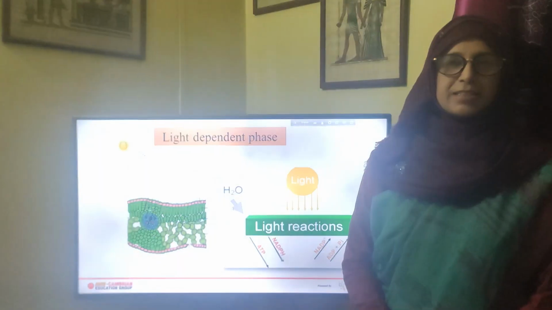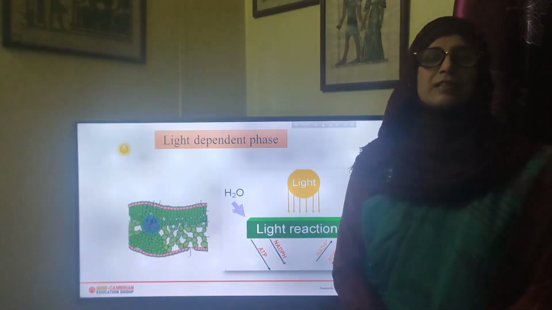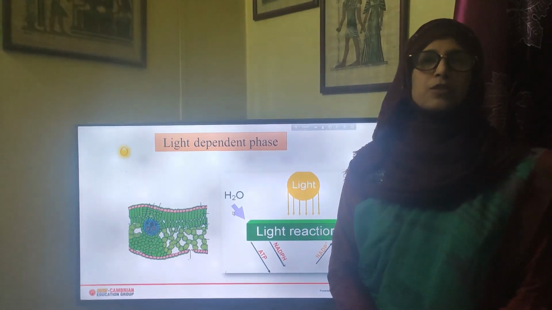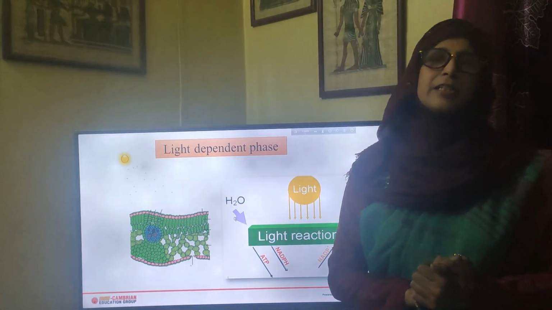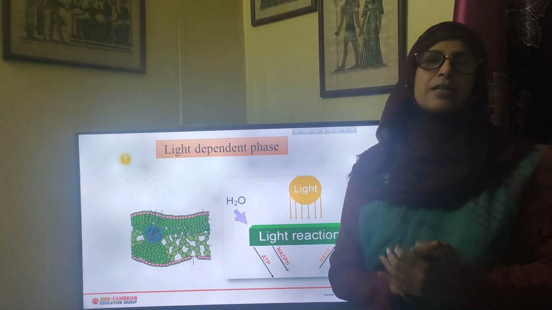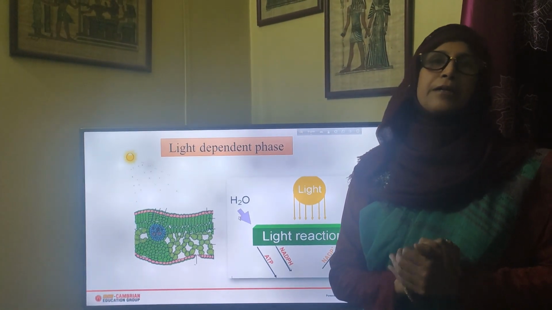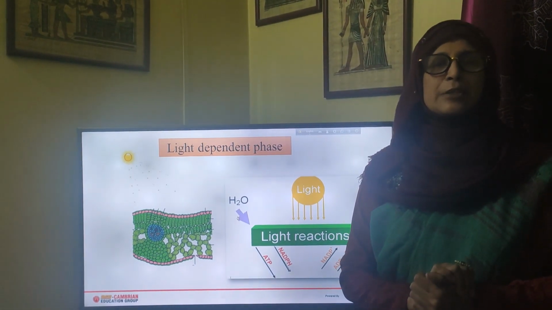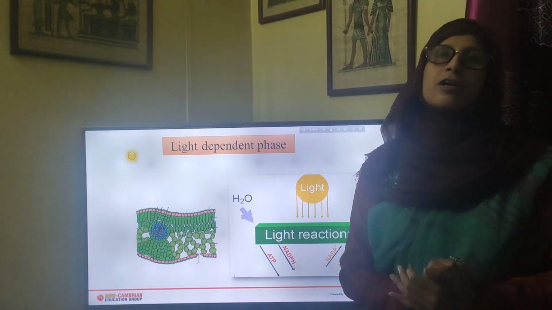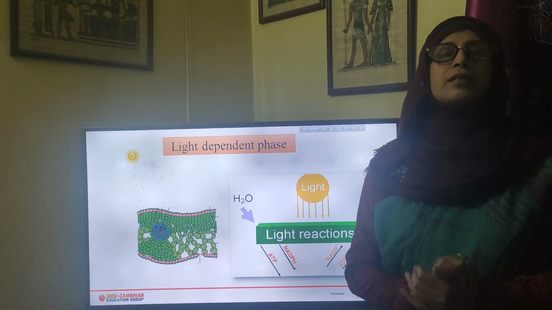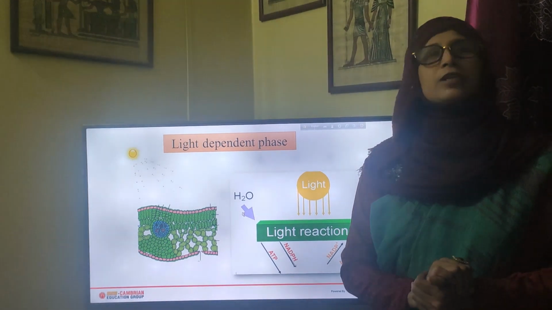Light dependent phase: in this phase, light is required. Through this process, solar energy is converted into chemical energy, and ATP, adenosine triphosphate, and NADPH + H+, that is nicotinamide adenine dinucleotide phosphate, which is reduced, are produced.